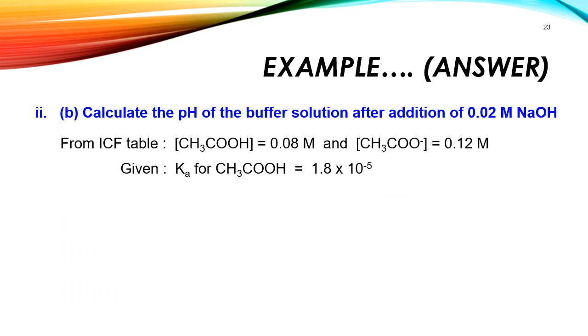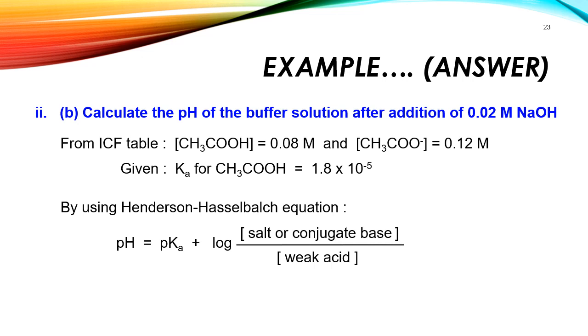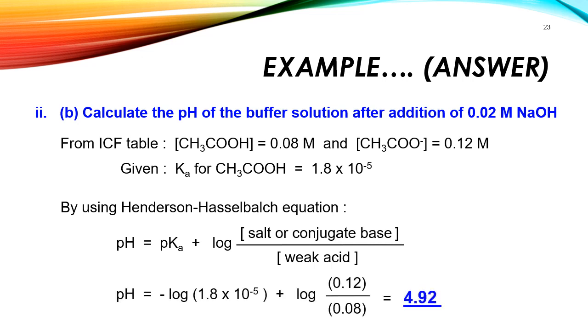From the calculation using the ICF table, the concentration of ethanoic acid obtained is 0.08 molar and the concentration of ethanoate ion is 0.12 molar. By using the Henderson-Hasselbalch equation and substituting the values, we obtain a pH of 4.92.